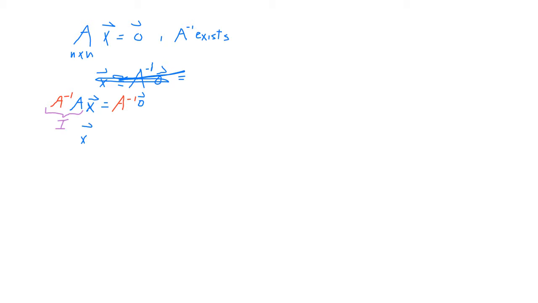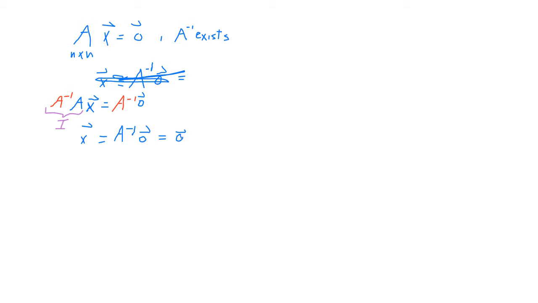And so the vector x will equal A inverse times the zero vector. But what would that equal? What would A inverse times the zero vector have to equal, class? That's right, Andres. It'd have to equal the zero vector.